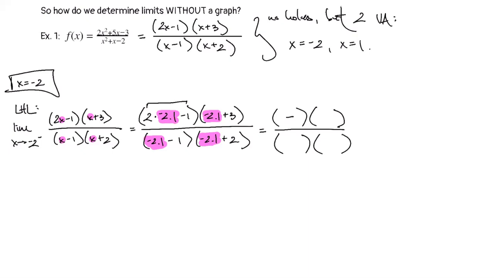Negative 2.1 plus 3, positive or negative? Good. Let's move to the denominator. Negative 2.1 minus 1, positive or negative? Good. And the last parentheses, negative 2.1 plus 2, positive or negative? Good.